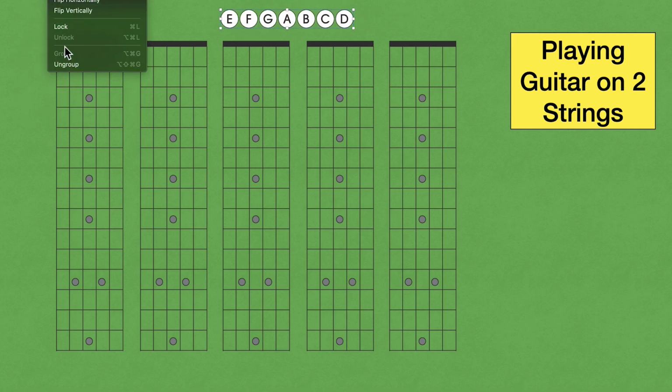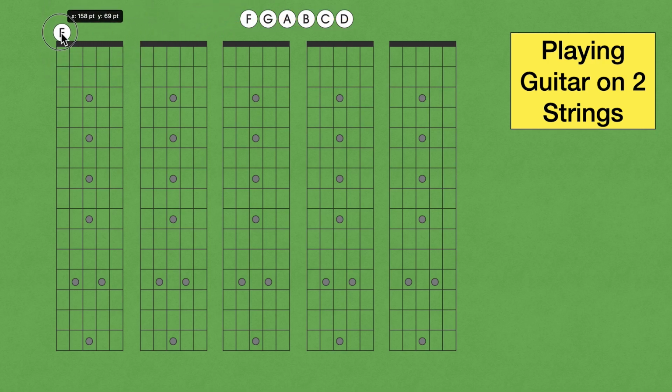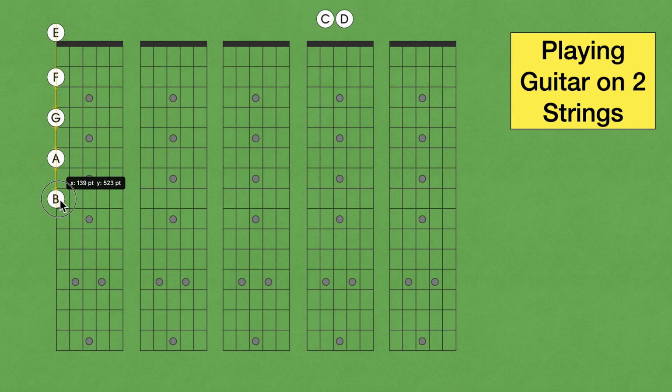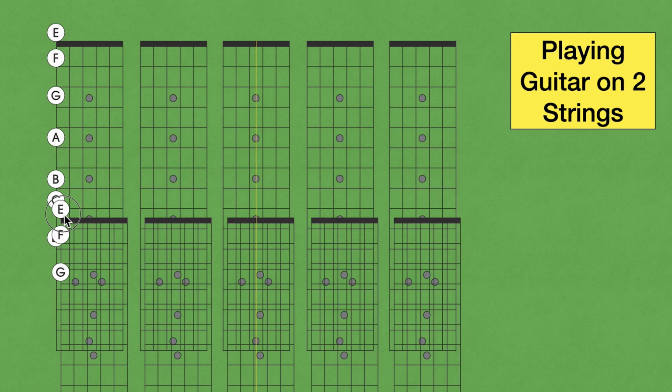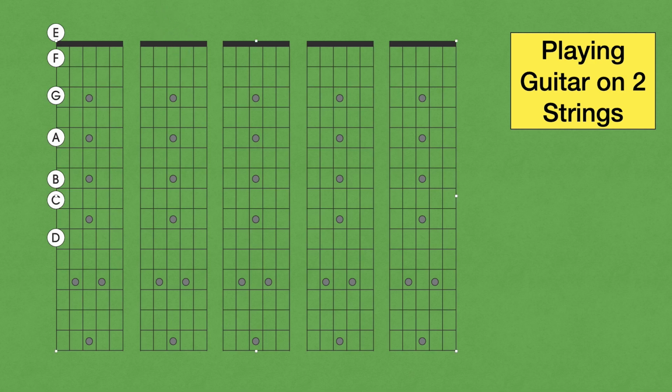First I'm going to ungroup them and then place them on the E string right here: E, F, G, A, B, C, D. I need to lock that in place. Then we can copy these down here.